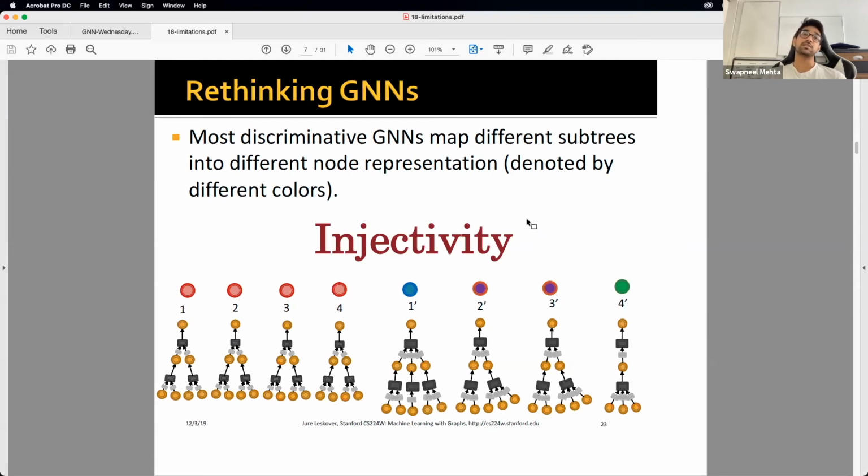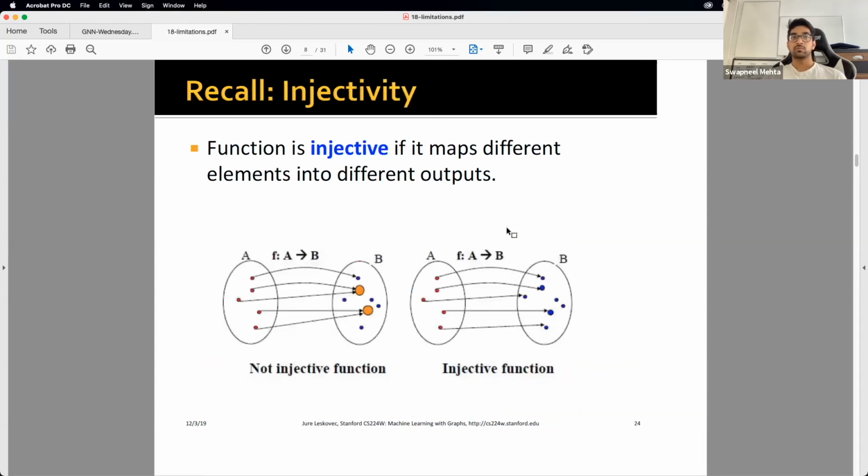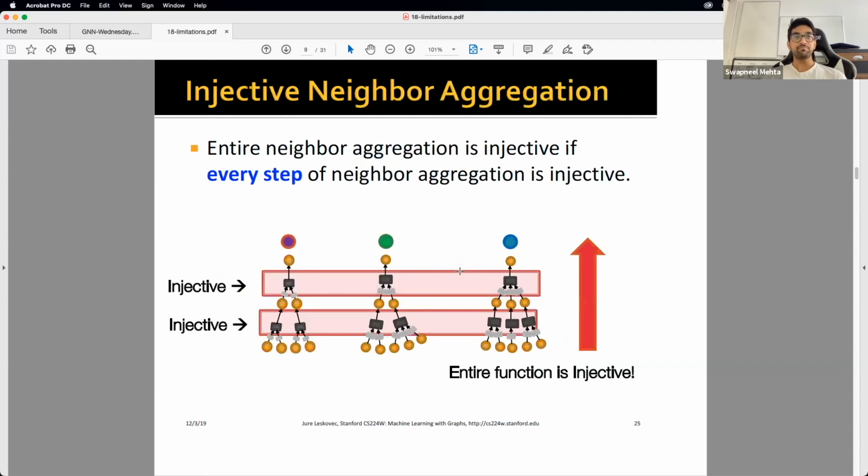Imagine the function as the G that we spoke about, which maps your nodes and its neighborhoods into a certain output. Here they call it the F, doesn't matter. But we want injectivity for our graph to be able to discriminate between these two non-isomorphic candidates.